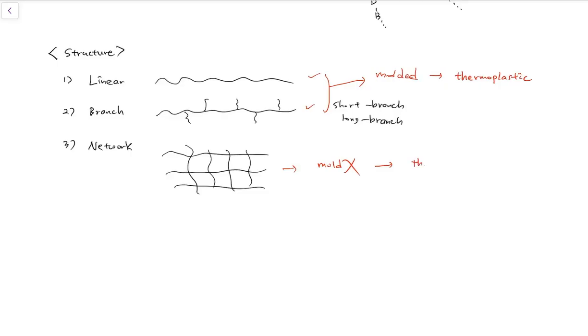So these kinds of polymers are called thermosets. Okay. So although the chemical structures are basically the same, the overall macromolecular structures are different, and depending on those structures, they can be processed in different ways, and they can have totally different physical characteristics. Okay, right?